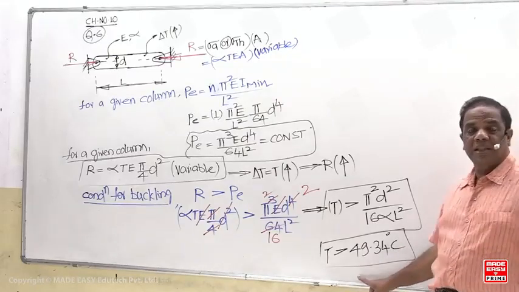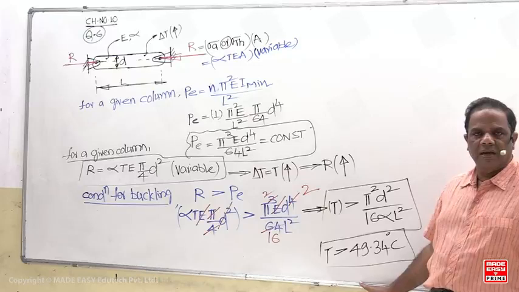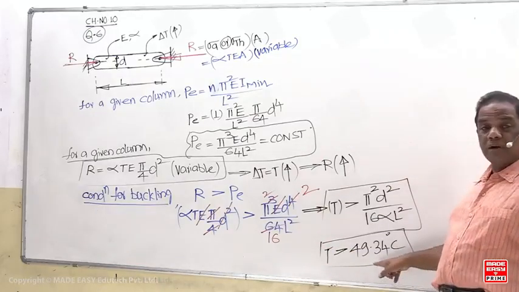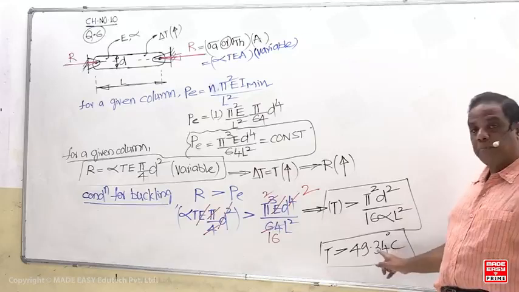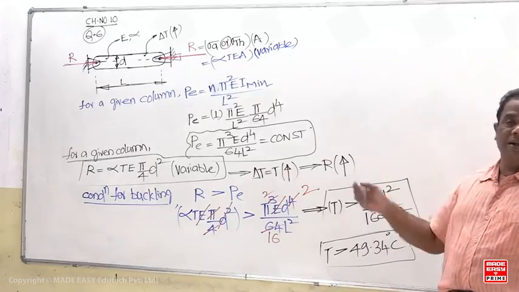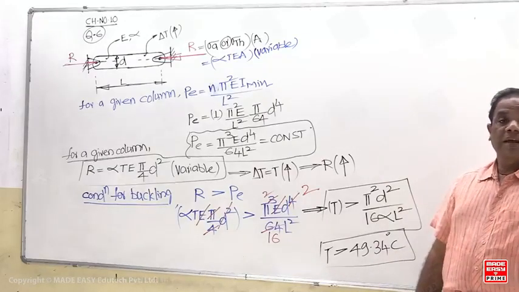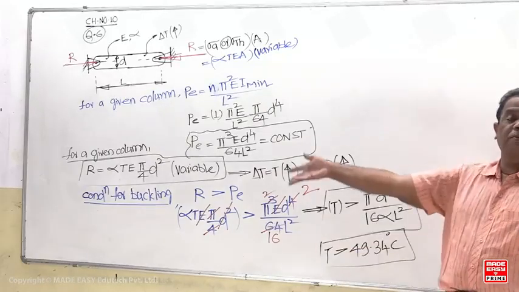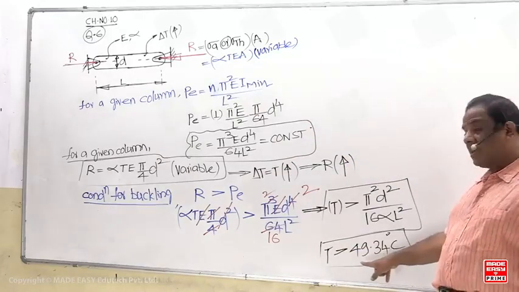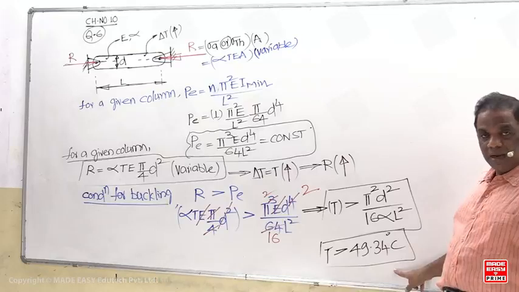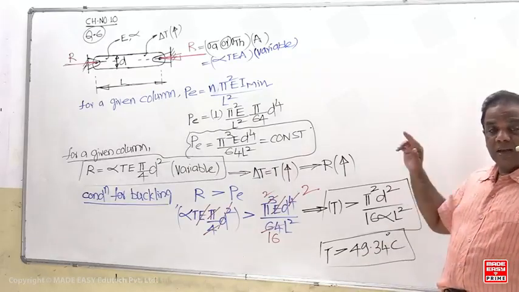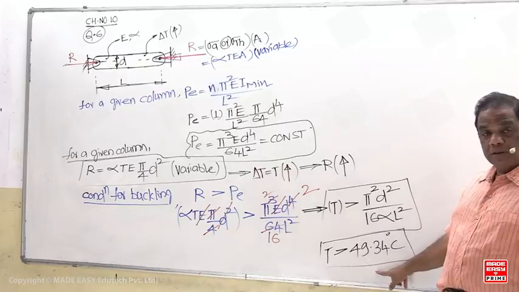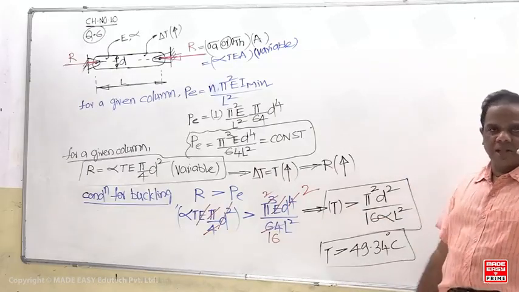Suppose the room temperature is 30 degrees centigrade. Then buckling will occur when the temperature is 79.34. If the initial temperature is 30 degrees centigrade, room temperature, the bar should be heated up to 79.34 degrees centigrade. If the final temperature is more than 79.34 degrees, buckling will occur.